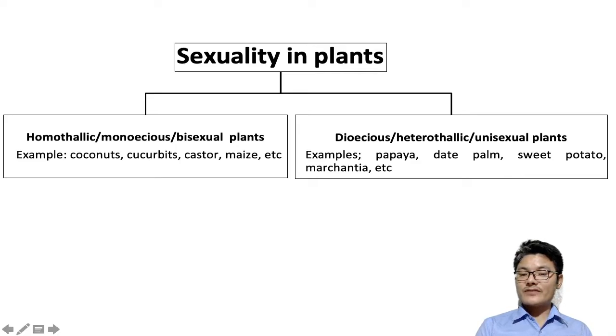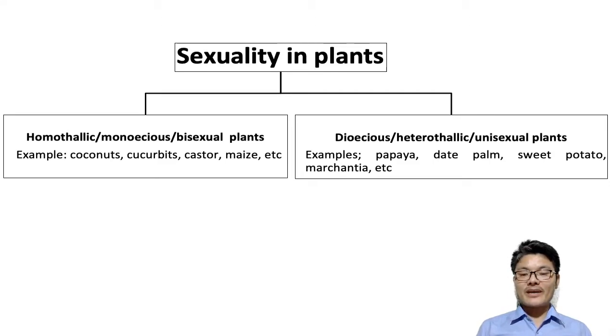Hetero refers to different, so different male and female thallus are present in some algae. Di refers to two, ecious refers to sexes. So if two sexes are present separately on two different plants, that is dioecious. For example, papaya plant, date palm, sweet potato, marchantia.